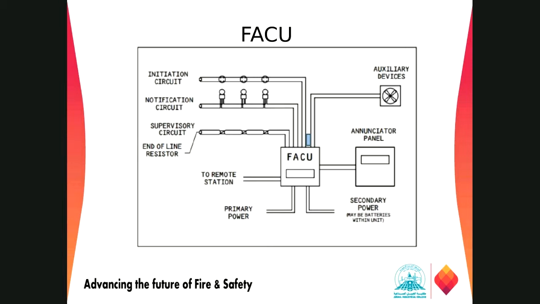This is our primary power. We are getting some electrical supply, and this is our secondary power, normally the battery units and all. We have the fire alarm control unit, the LCD, and annunciator panels. Then there are three different types of circuits. From the top, it is the initiating circuit, for the detection of the fire, like a smoke detector, heat detector, manual call point.